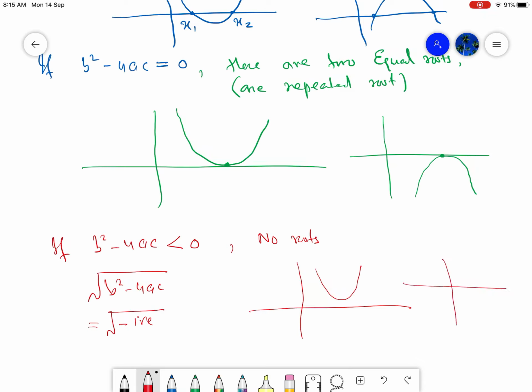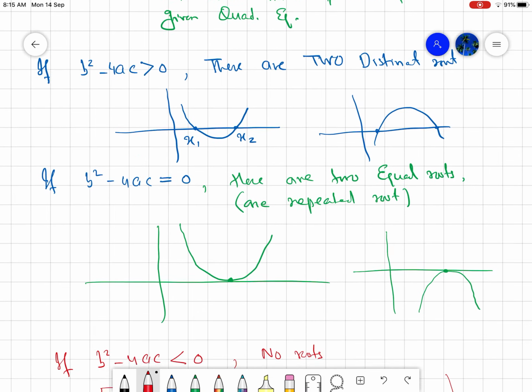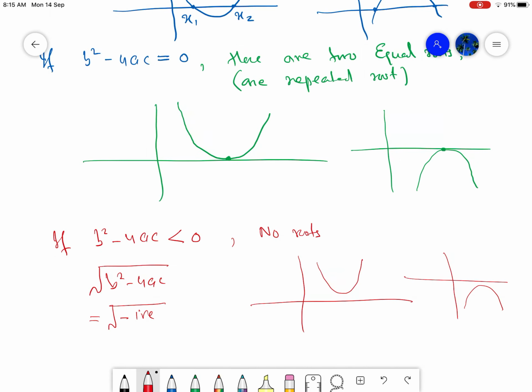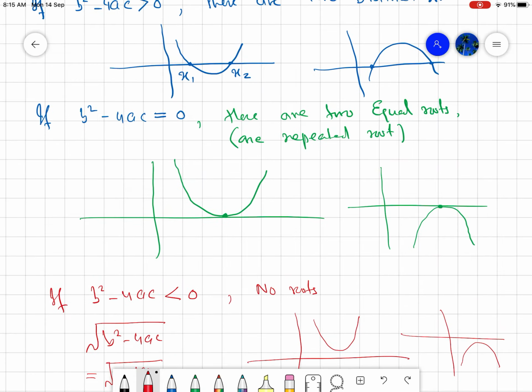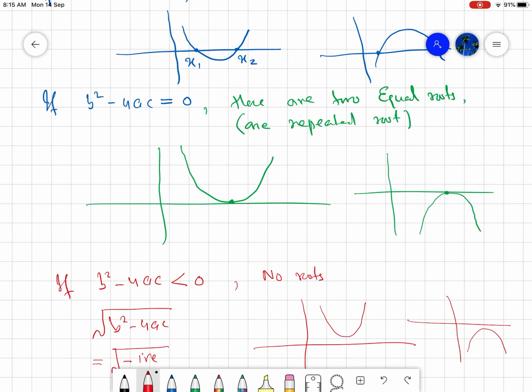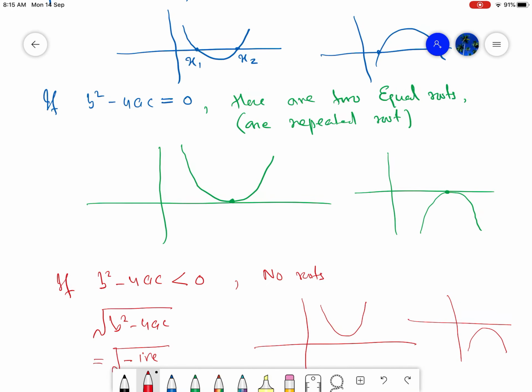Understand? So that is how you can use the discriminant of a given function in order to get the nature and number of roots. When I say nature of roots, I mean whether the roots are real. There is a concept of real numbers and imaginary numbers, which you will see in your A2 maths.